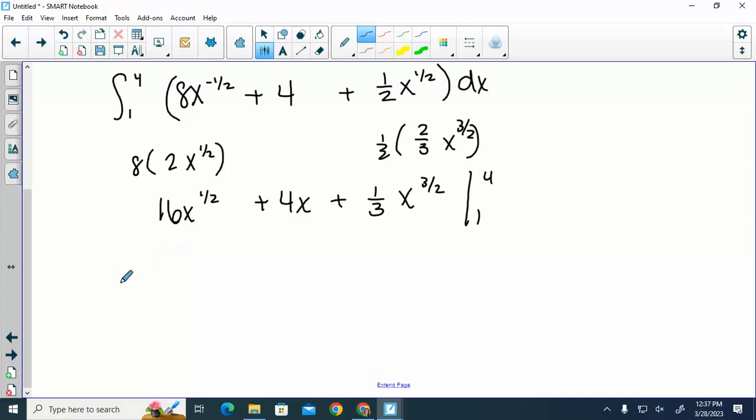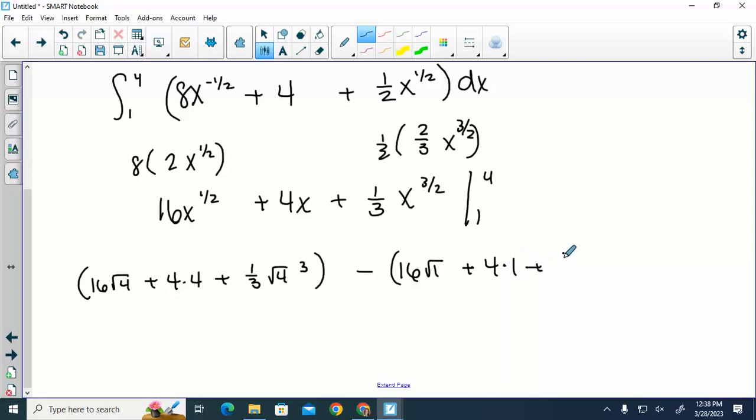So then we plug in. Remember, you do the top minus the bottom. The square root of 4 is 2, times 16 is 32, plus 16.